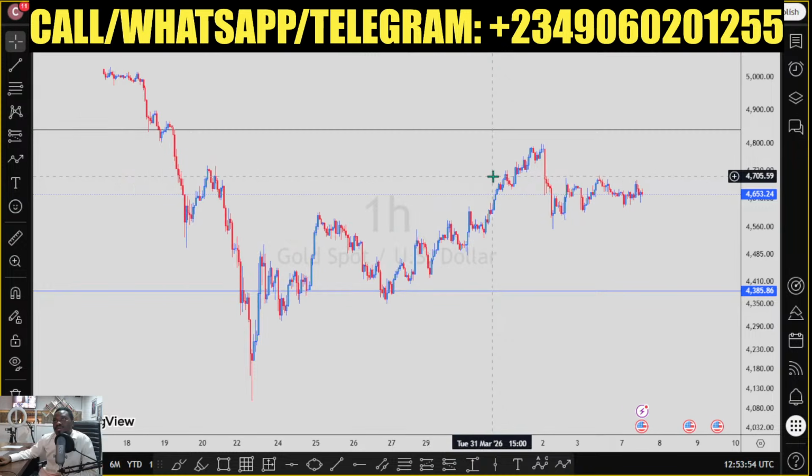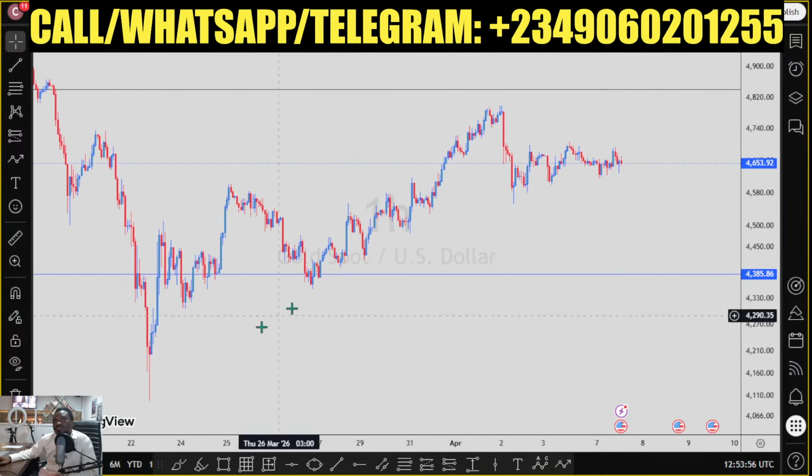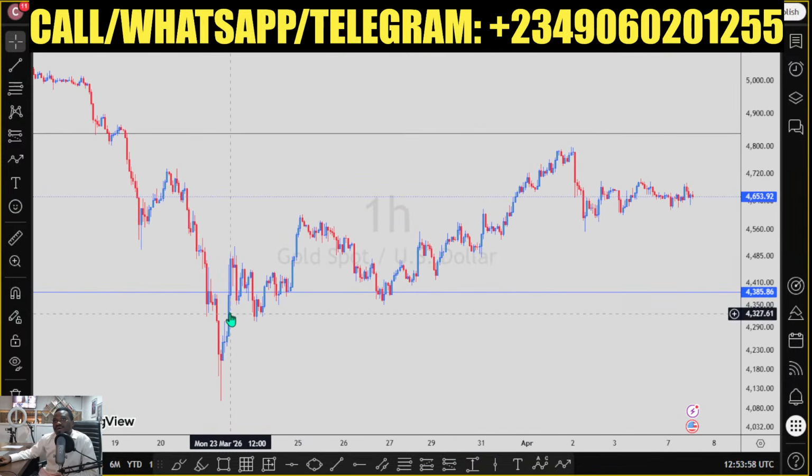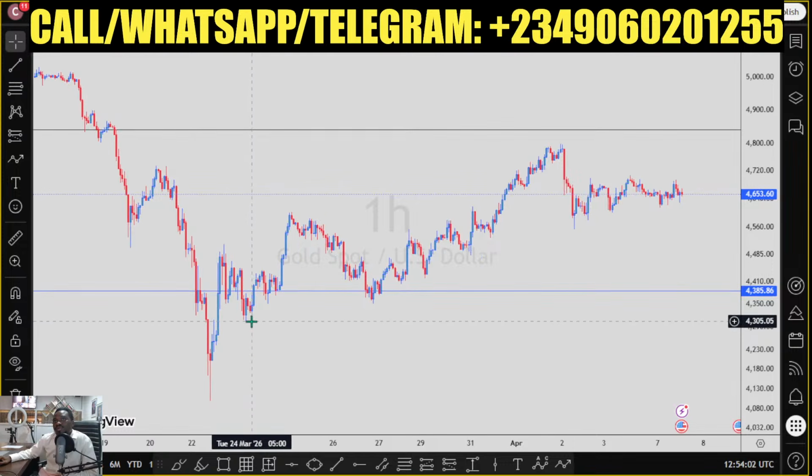On the 1-hour chart, we have a low here which gave us a break of structure here. We had another low here which gave us a break of structure here. Now we have a sideways market here.